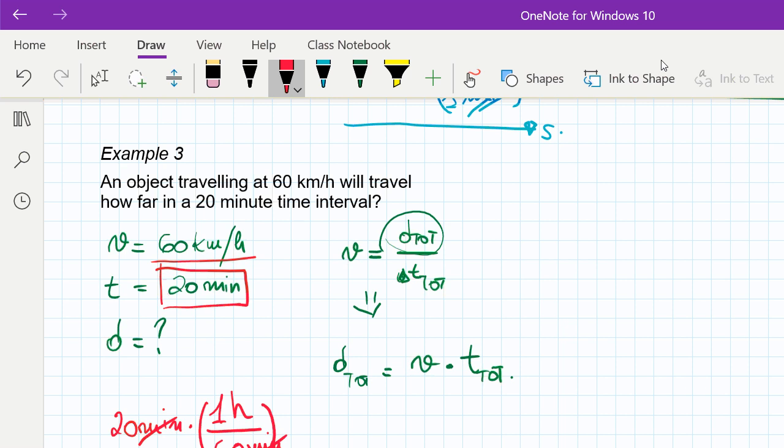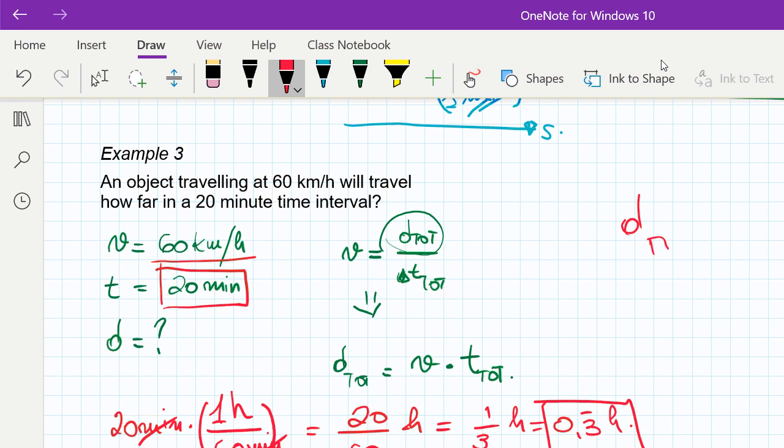So then the answer will be 20 over 60 hours, or 1/3 hours, or if you want to write it in decimals, it will be 0.3 repeating hours. So now that we have the time in the units that we want it to be, we find the total distance as 60.